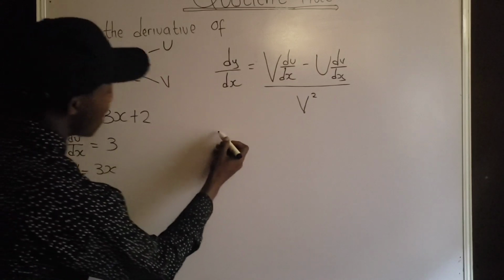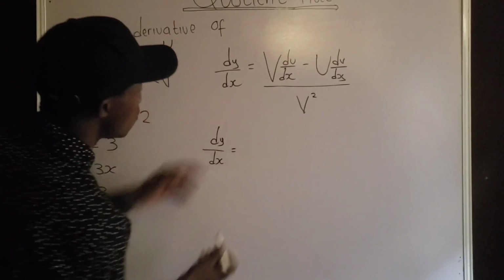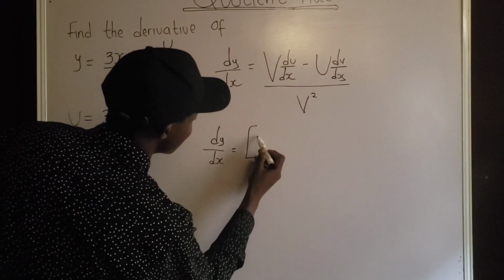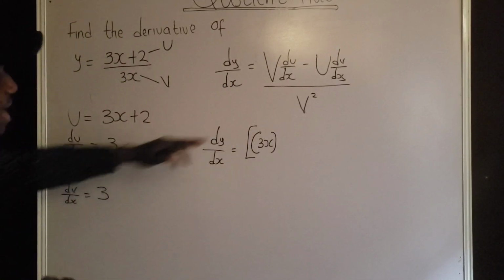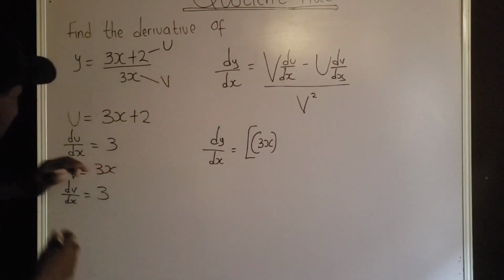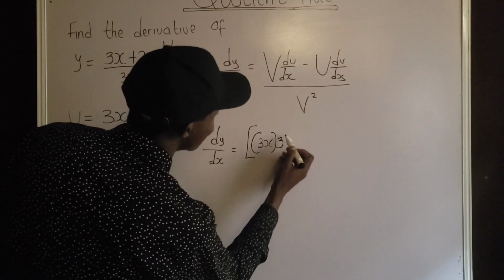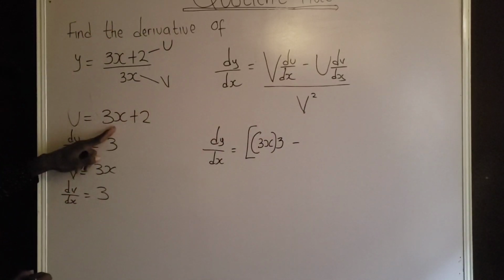So I'm going to have dy over dx is equal to v. Don't forget that v is 3x. So I'm going to have a big bracket, 3x multiplied by du over dx. du over dx is 3. So 3x multiplied by 3, minus u. Don't forget that u is 3x plus 2.